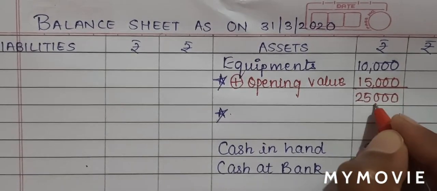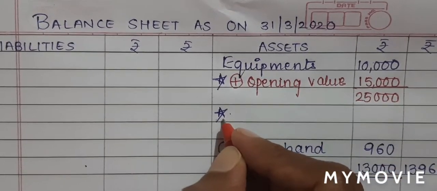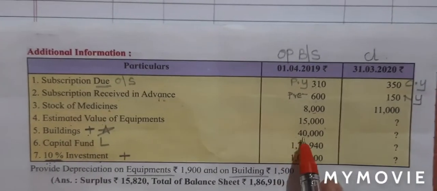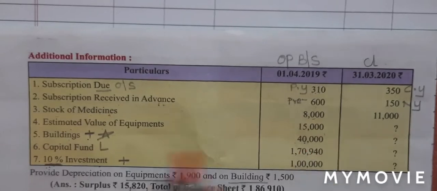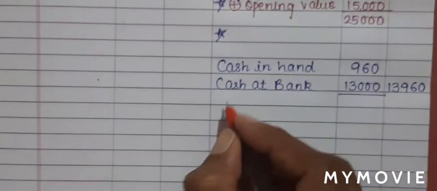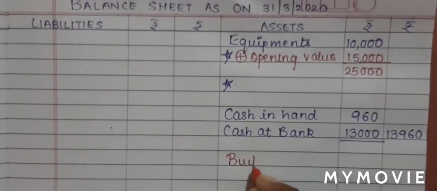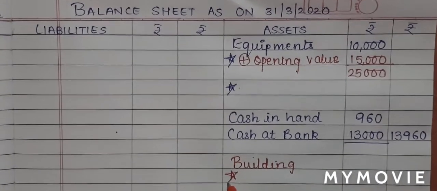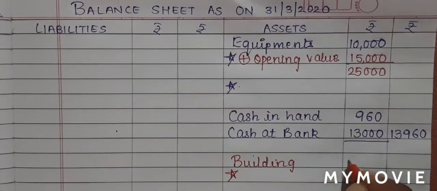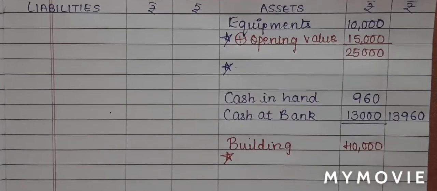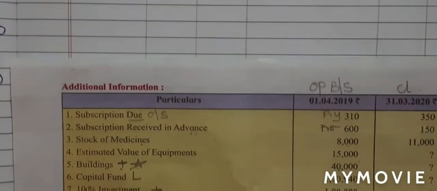I'll still write it in the inner column because there is another star. Next is building, 40,000 rupees. So on the asset side, I will add and there is a star. So on the asset side, I'll write building. I'll mark a star and write it in the inner column, 40,000.